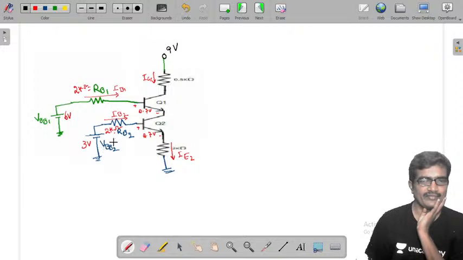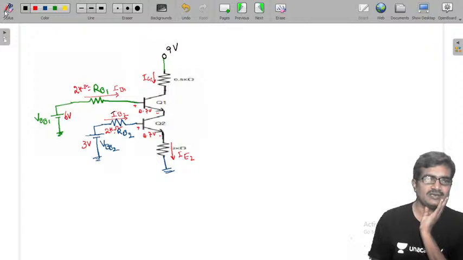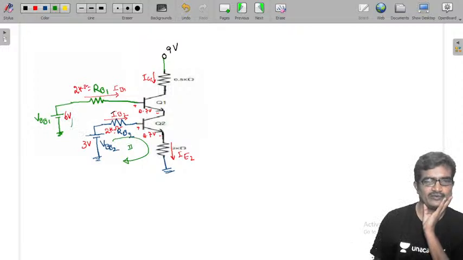First we have to start from the bottom side. I am applying KVL to this loop. Let us take loop 2 and loop 1.